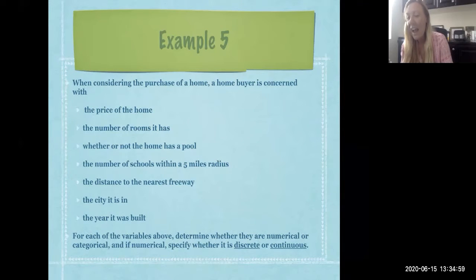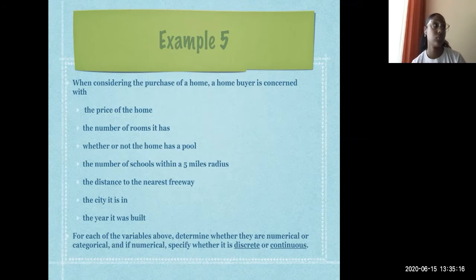Okay. So let me just double check one thing really quick. Where did I get this question from? Okay.